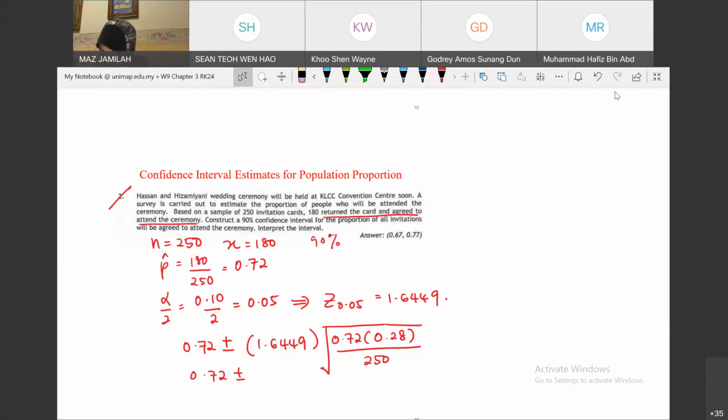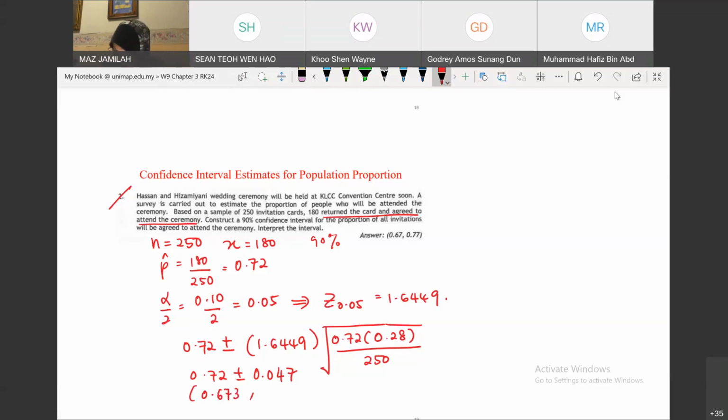So you will get 0.047, to 3 decimal points. So 0.72 minus 0.047, you will get 0.673.